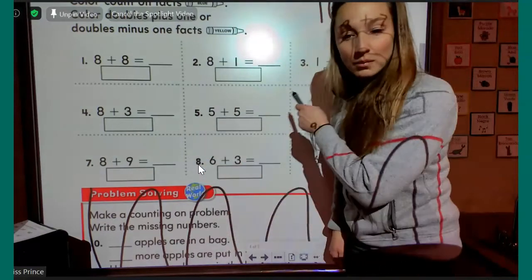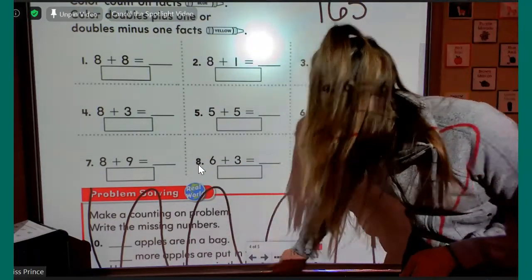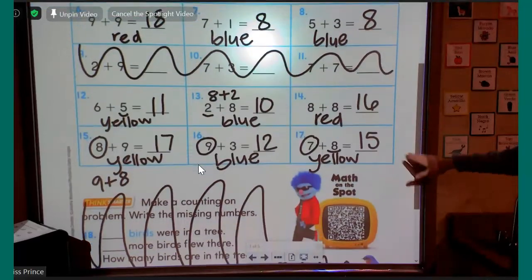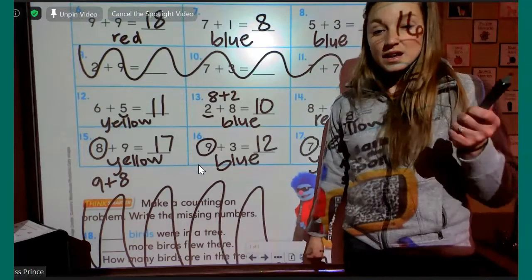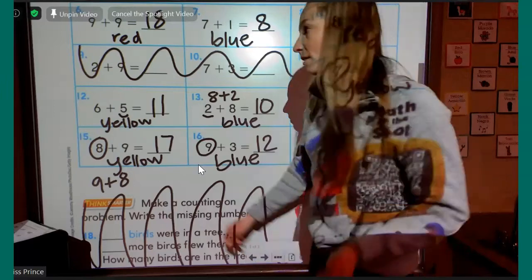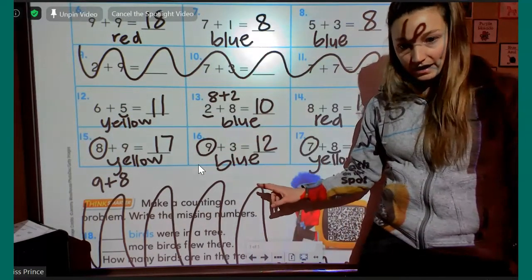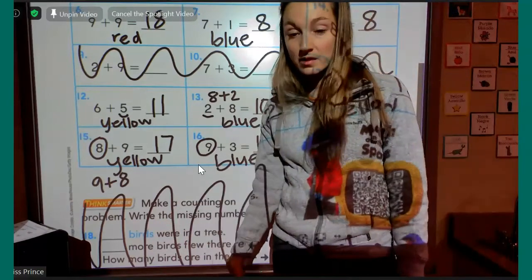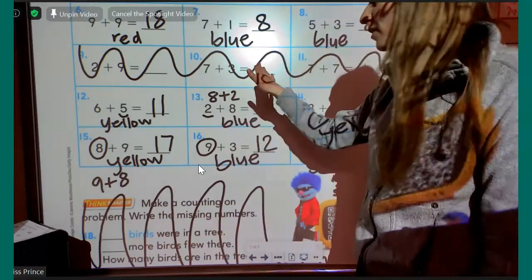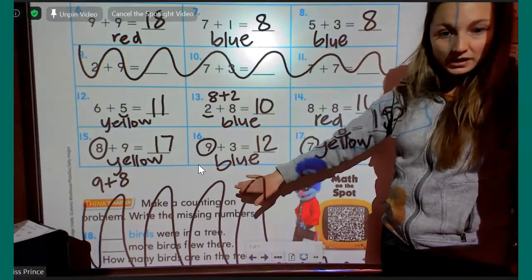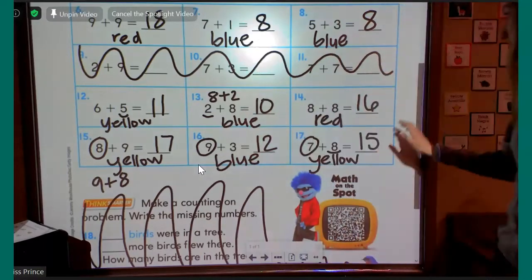And these problems, boys and girls, are exactly like the ones that we just did here. It's going to ask you to color them. If you don't feel like coloring them, you can just write the words, just like we did here. Okay? It's really good to practice writing these words anyways. So if you would rather write the words instead of color, that's awesome.